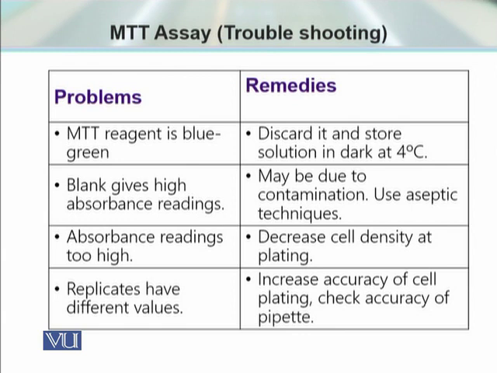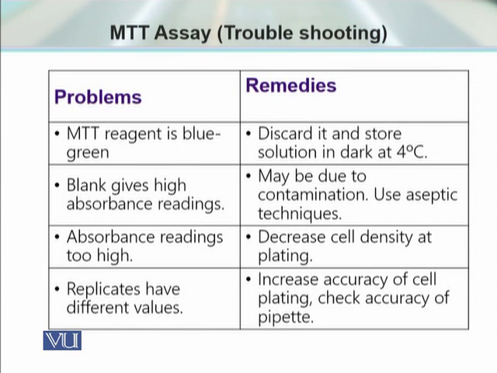Then we do this test in replicates. Two, three, four replicates are being done at the same time, and if each individual replicate is going to have a different value, then that means that your handling has some problem. While pipetting cells in one well, the other well, the third well, you did not handle the volume properly, or the pipette which we are using may have some error.